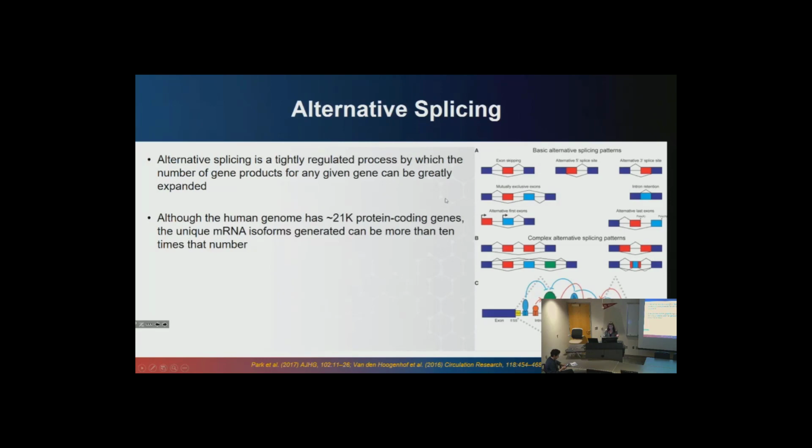Although, as I mentioned earlier, the human genome has about 21,000 protein coding genes, the unique messenger RNA isoforms generated can be more than 10 times that number. Almost all of the multi-exon genes go through the alternative splicing process, and in some extreme cases, several hundred isoforms can be generated from a single gene.